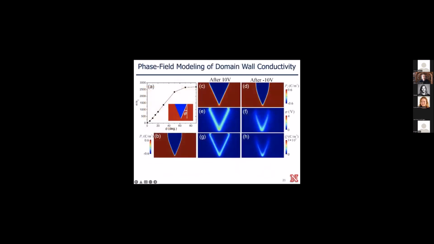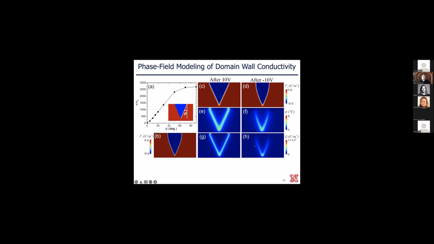So we have carried out a phase field simulation of this effect, taking into account the contribution of the free carriers. We started with a triangular shape domain with inclined domain walls, and then we allowed this structure to relax. The simulation of the domain wall evolution showed that if you apply this positive set bias, it will spontaneously bend, and the same effect will happen after we apply the negative bias.